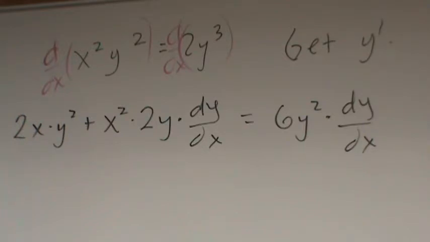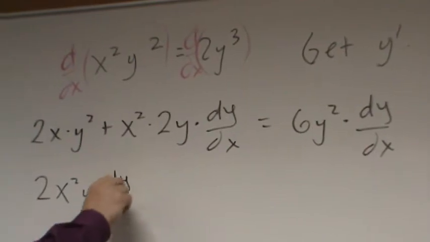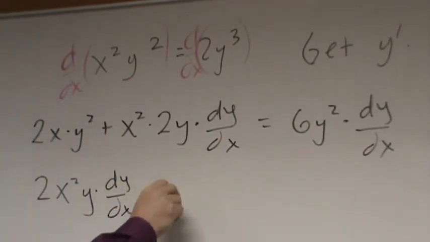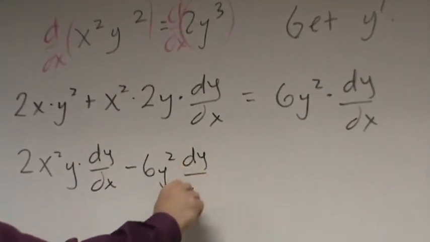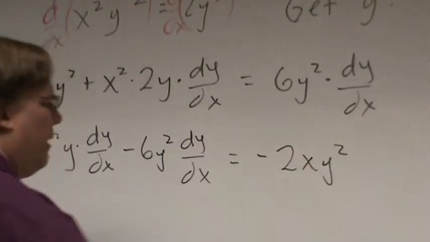Alrighty. Well then, let's get all our dy/dx's on the left and all our other stuff on the right. So I got 2x squared y dy/dx minus 6y squared dy/dx equals negative 2xy squared.